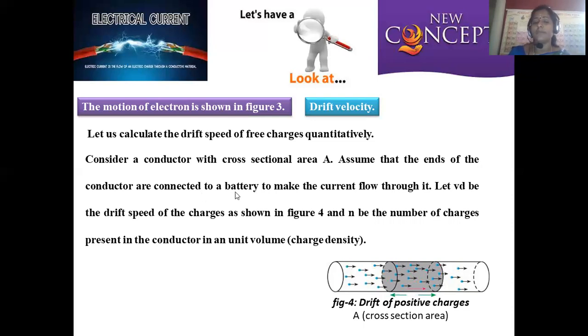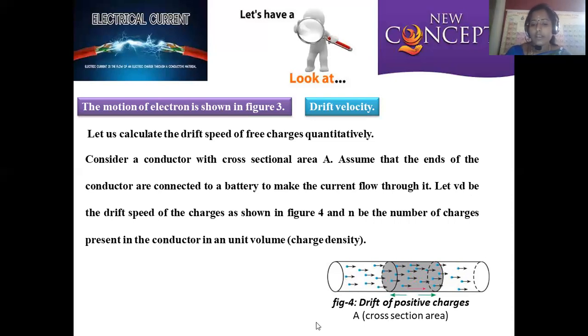Battery is the source of energy through which high potential to low potential passage of electrons are possible in the regular ordered manner, right? So here, through the battery, current flow is possible. Let Vd is considered as the speed of the drift, right? Drift velocity, which is also denoted as drift speed of the charges as shown in the figure.